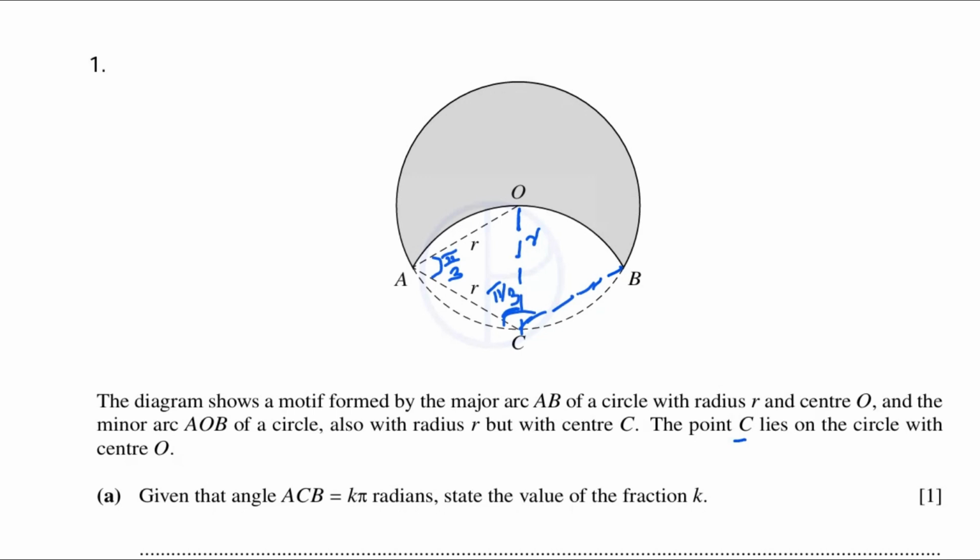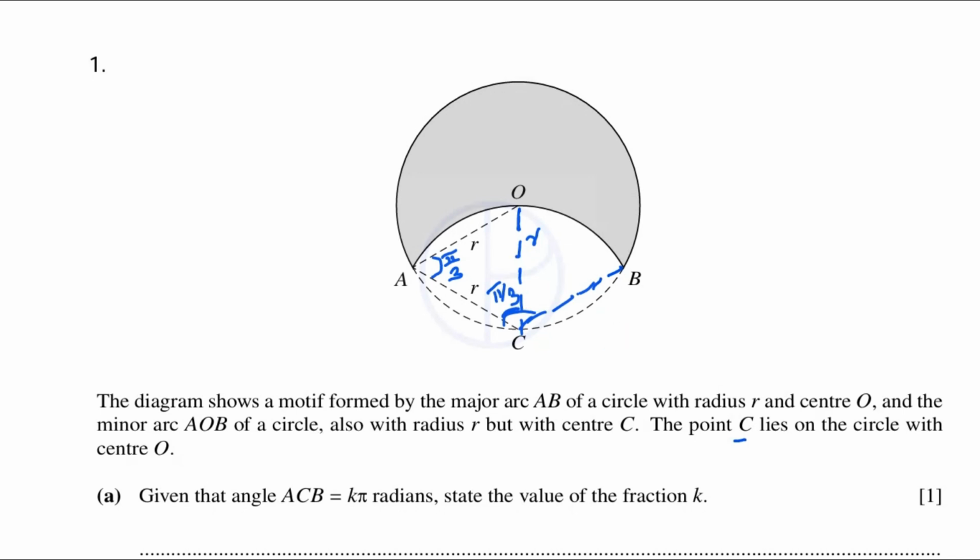Here OB is R and CB is also R, so triangle OCB is an equilateral triangle. So angle OCB is also pi over 3.